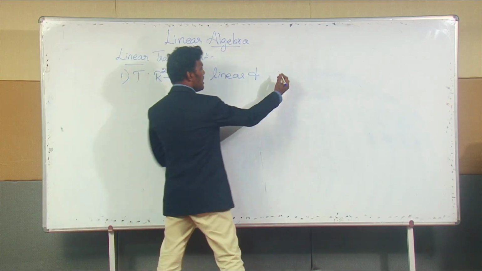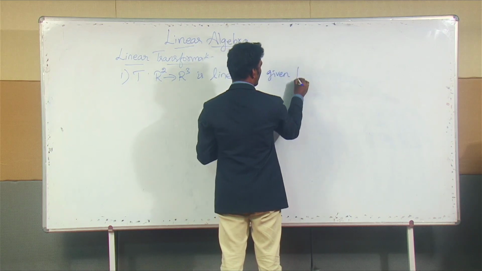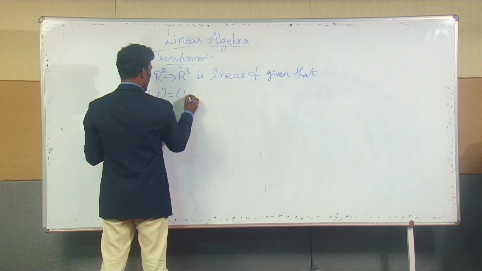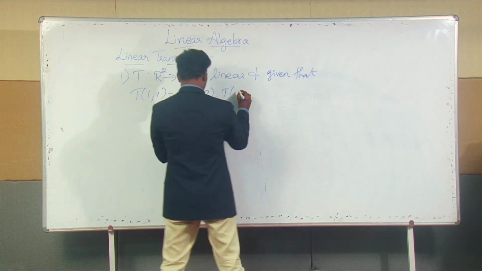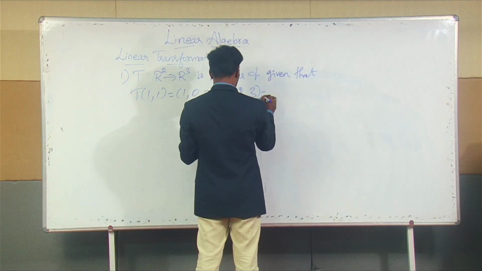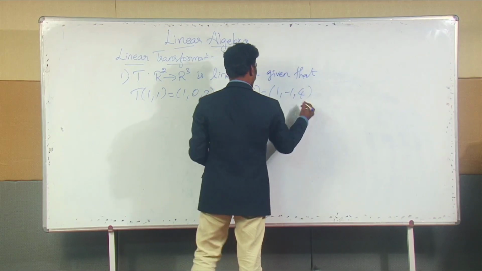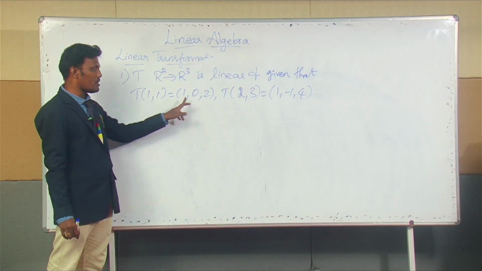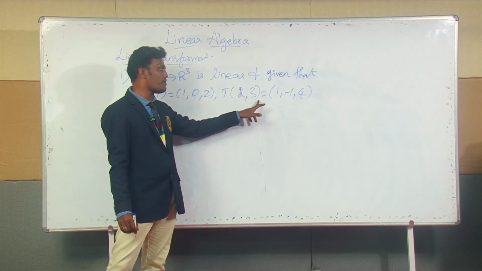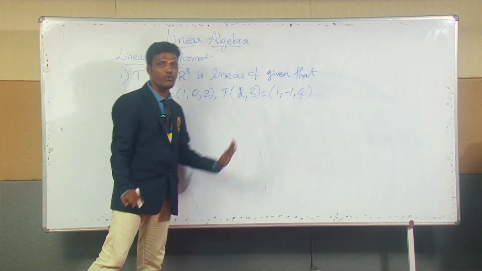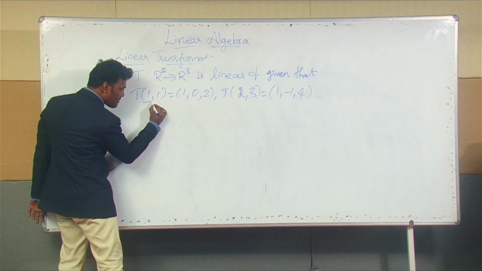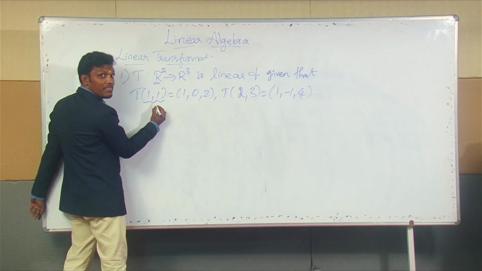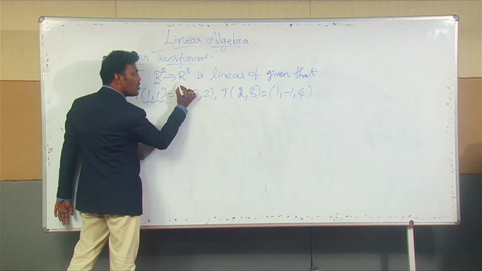T is linear, and given that T of 1 comma 1 is 1 comma 0 comma 2, and T of 2 comma 3 is 1 comma minus 1 comma 4. So these values are given in your data. See, the input belongs to the first vector space, R square, and the image, the resultant value, belongs to R cube.